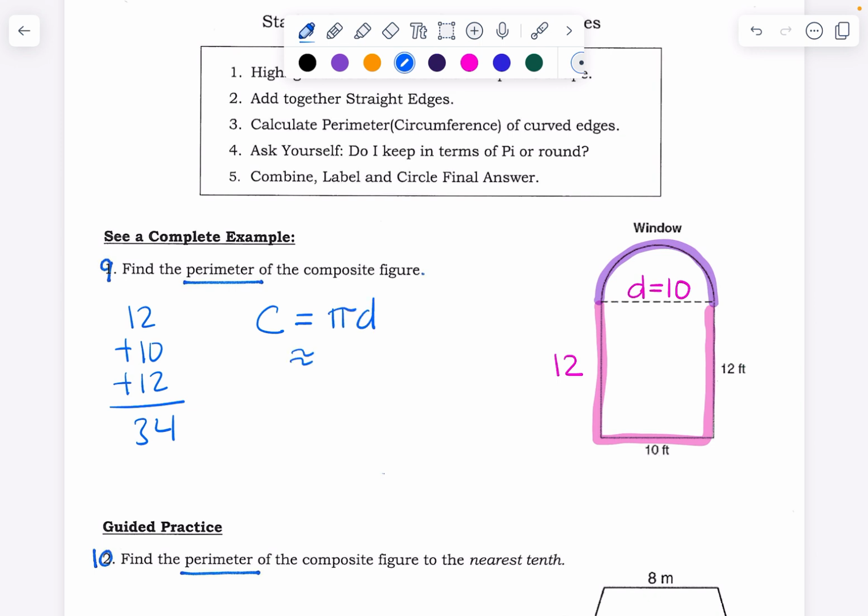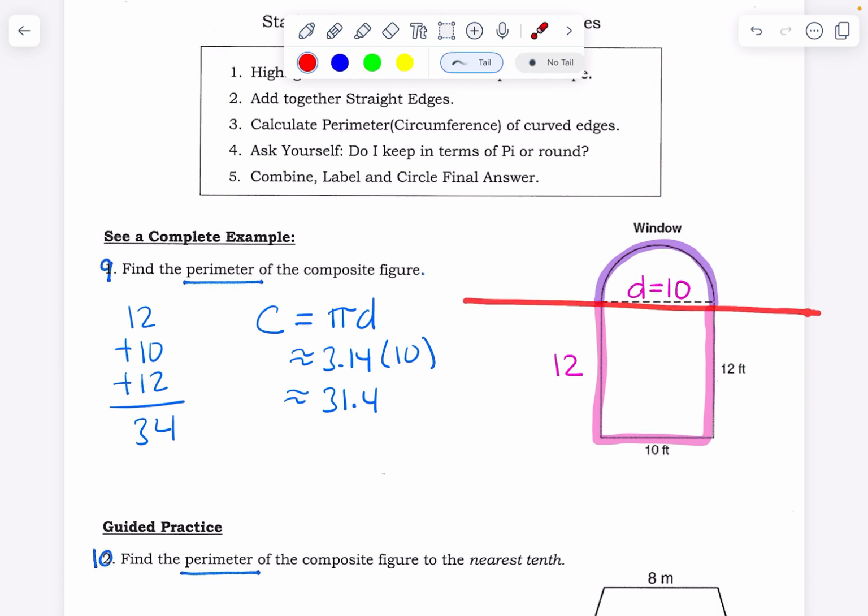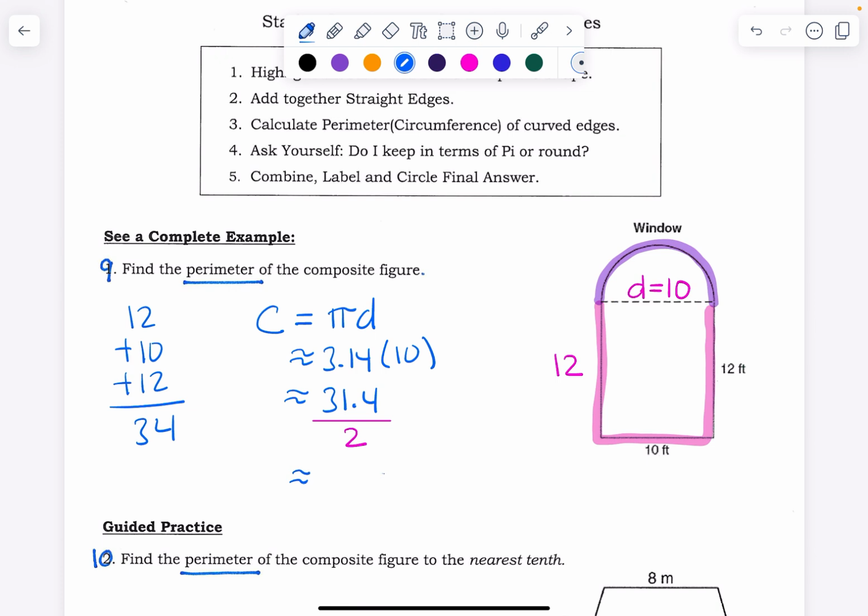All we have to do is take 3.14 times 10 to get 31.4. But that's the circumference of a whole circle. I'm going to slice this in half because we have half of a circle. So 31.4 divided by 2 is 15.7.